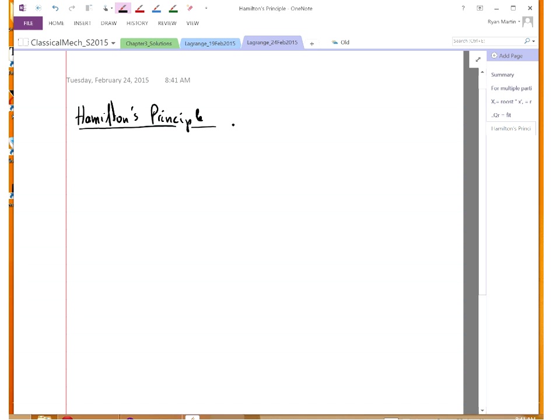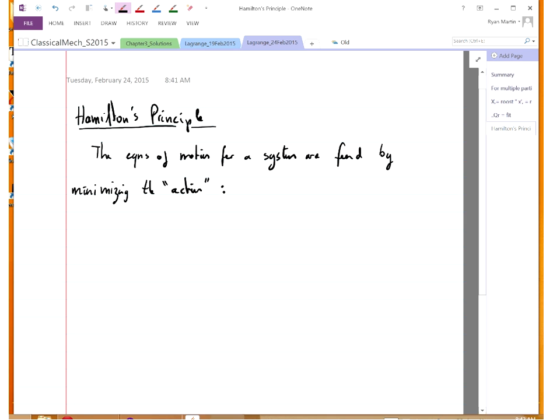So I'm going to mention Hamilton's principle as a guiding principle for obtaining the equations of motion for a system. Hamilton's principle says that the equations of motion for a system are found by minimizing what's called the action.